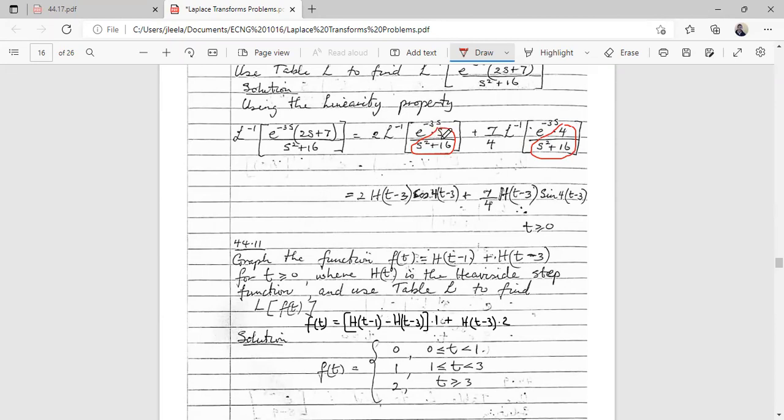Your y(t) here will end up being cos 4t, so wherever t is, you replace it by t minus 3. And similarly here, your y(t) will be sine 4t, so you replace your t by t minus t naught, and your t naught here is 3 as well. So t minus 3, times the Heaviside at t minus 3. So this is the Laplace inverse of this function.